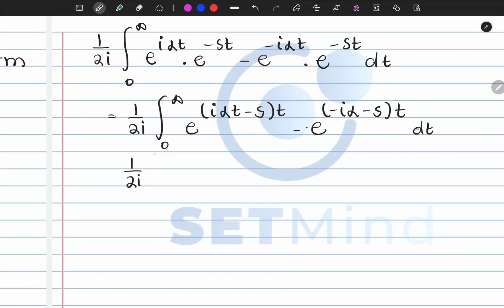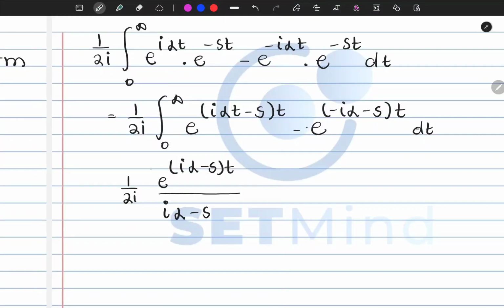We'll have 1 over 2i, open the brackets. We'll have e to the power of (i alpha minus s) times t, divided by (i alpha minus s). That is the first portion.